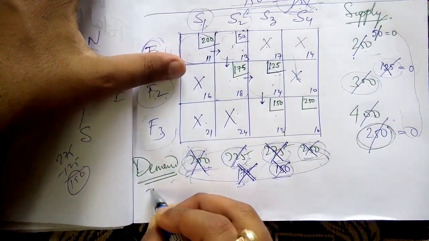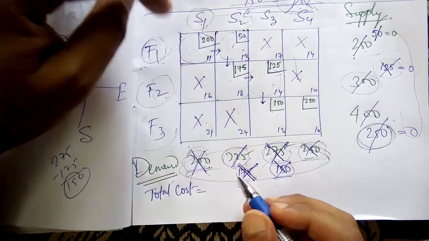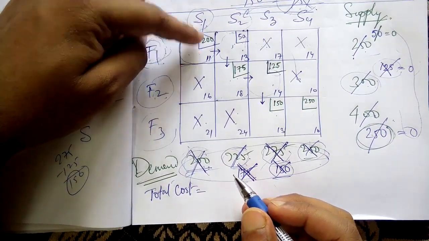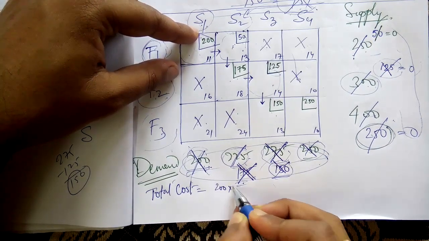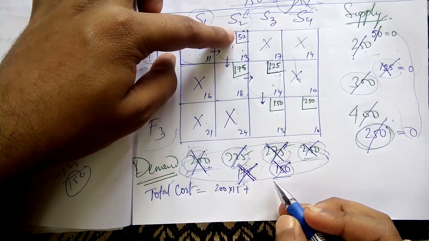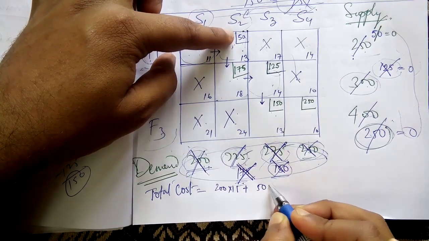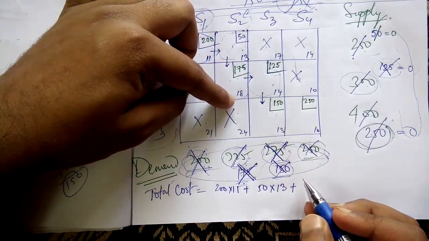Now the question is how to find the total cost. It is very simple. One item costs 11 rupees. How many items have you transported? 200. So 200 into 11, plus one item costs 13. How many items have you supplied? 50. So 50 into 13, plus one item costs 18.